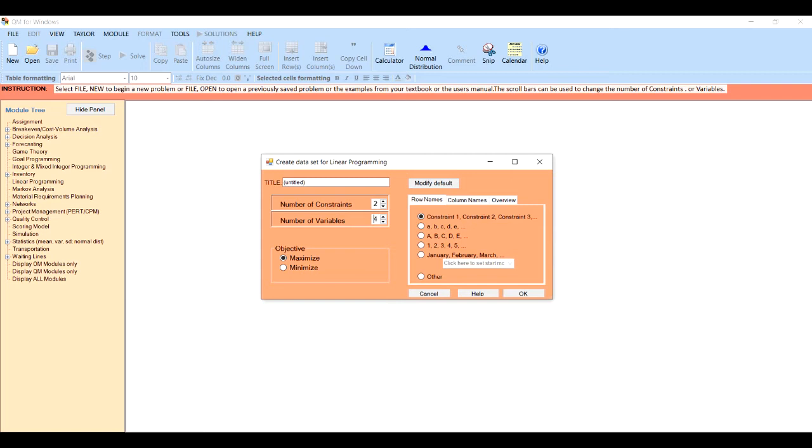So let's begin. We have, in this situation, 4 different constraints. And we know that we're trying to maximize return on investment. So we click over here to OK, and we begin.